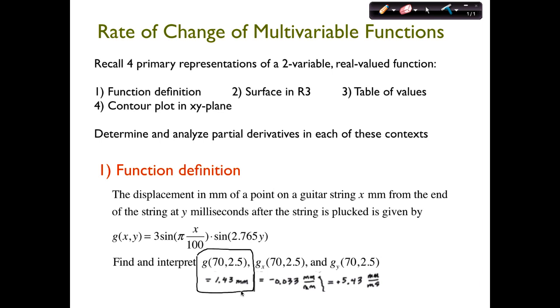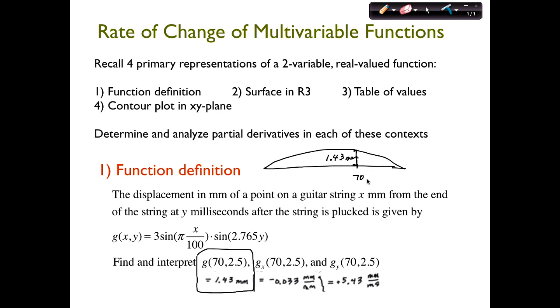Yeah, good. Right. So at that point on the string, at that moment in time, 2.5 milliseconds after it was plucked, the displacement is 1.43 millimeters. I think the string is like 100, I don't remember. Anyway, let's call it 70 here. All right, that's the easy part.